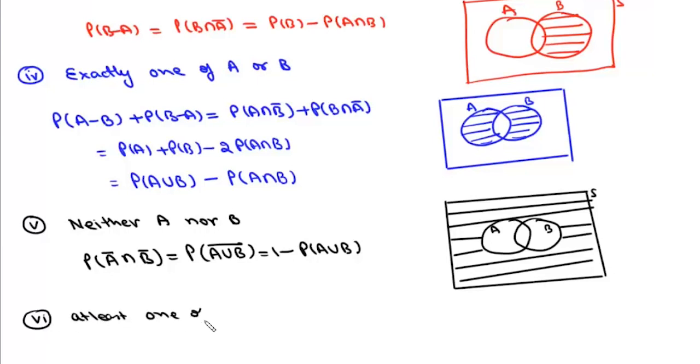And sixth one is at least one of A or B must not occur.